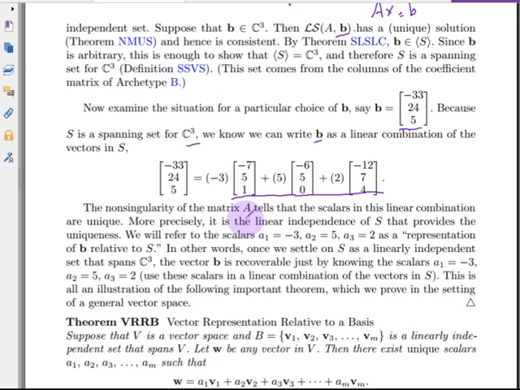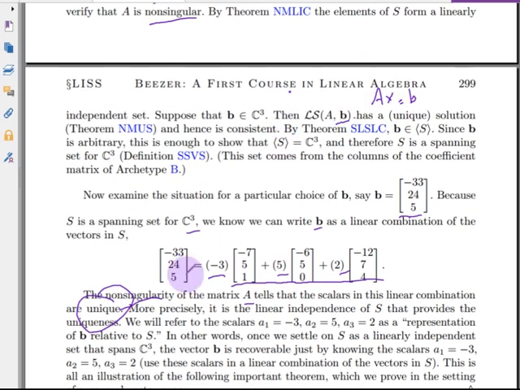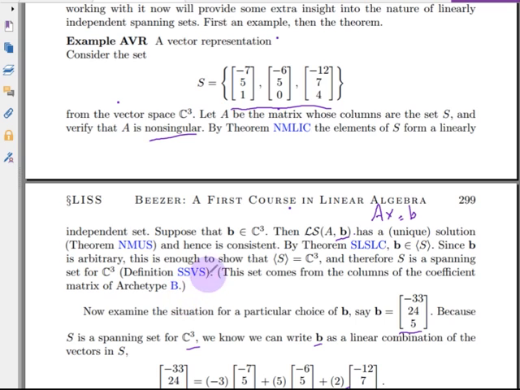And in fact, since the matrix A is non-singular, it means that there's only one linear combination of the vectors in this spanning set that gives me the vector B. So that's the key point here: you have these spanning vectors that are linearly independent, and if I take any vector in their span, there's a unique way to write this vector as a linear combination of the vectors in S.